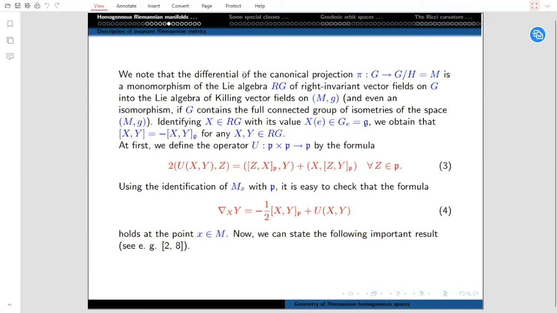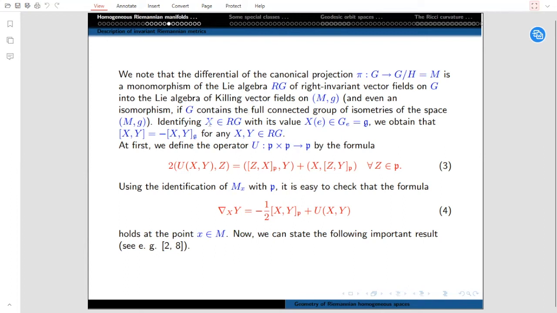Okay, now we can consider the differential of the canonical projection G to G mod H. It is a monomorphism of the Lie algebra to right invariant vector fields, because Killing vector fields are right invariant. And it is an isomorphism if G contains the full connected group of isometries.